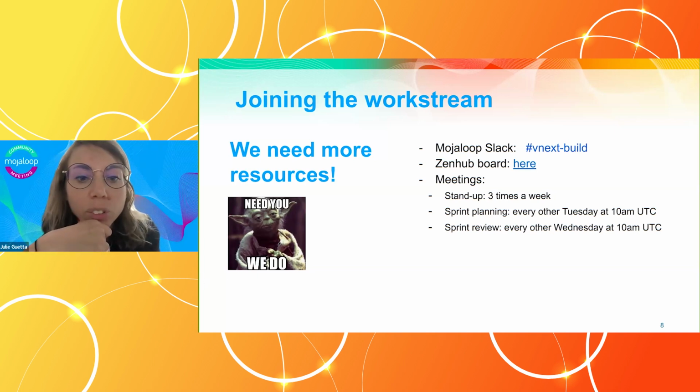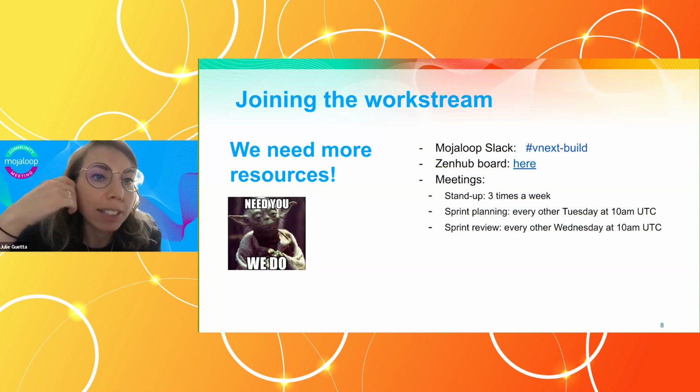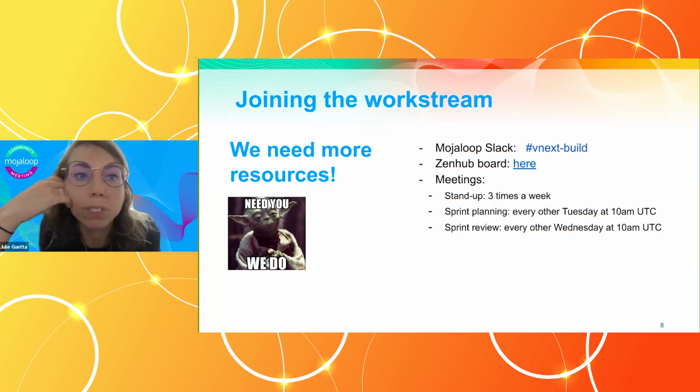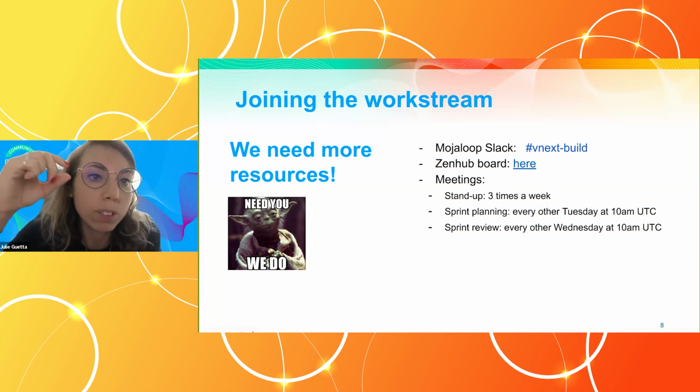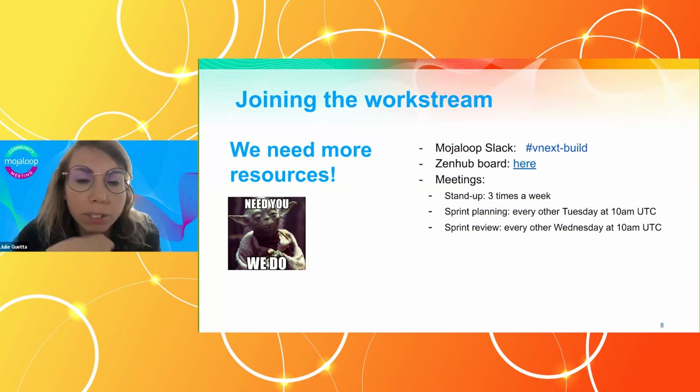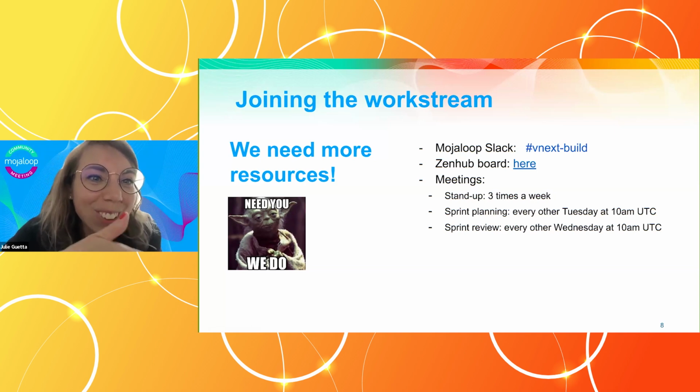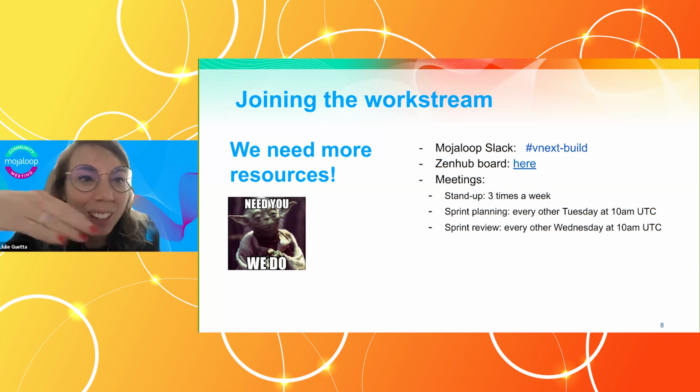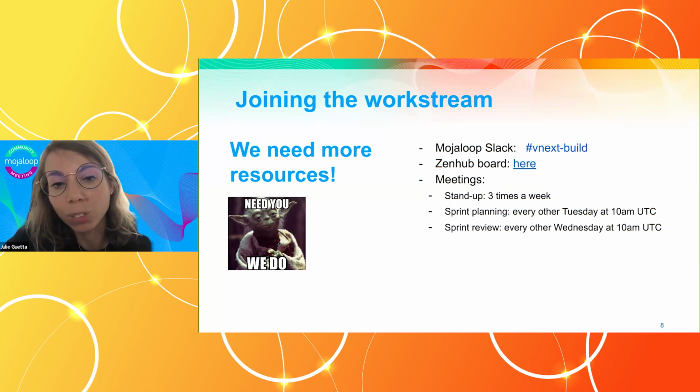We have regular meetings as well. We have a stand-up three times a week, which lasts 15 minutes, and the idea is to discuss potential blockers. Someone will come to the stand-up if they have a problem or a challenge that they want to discuss, or sometimes I will ask someone to join to provide an update on the progress of the tasks that they are assigned to.